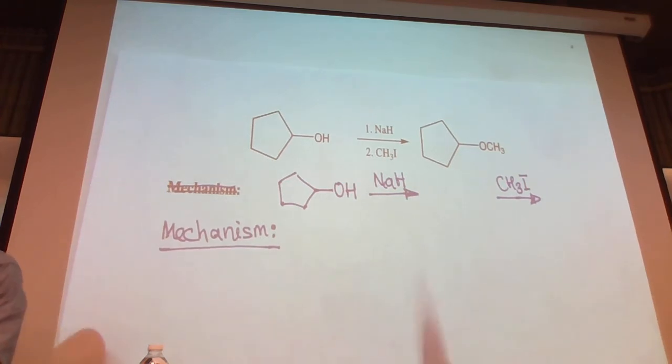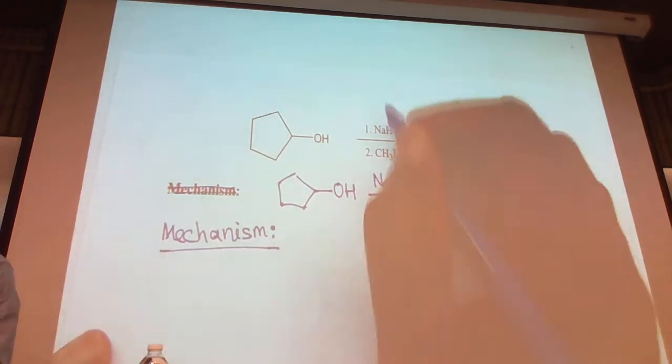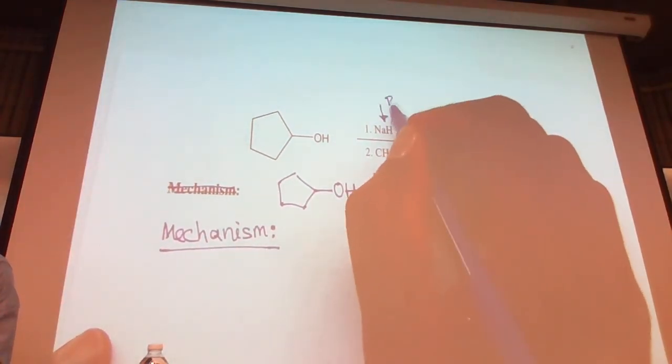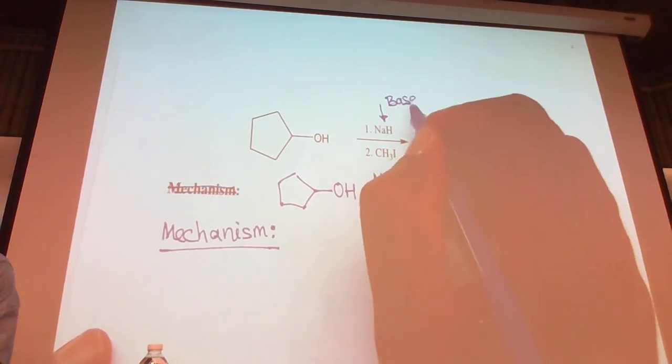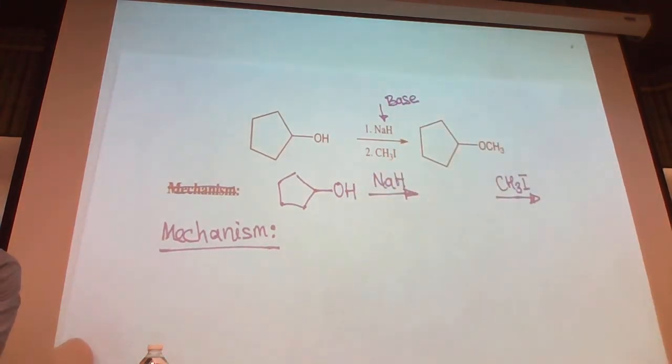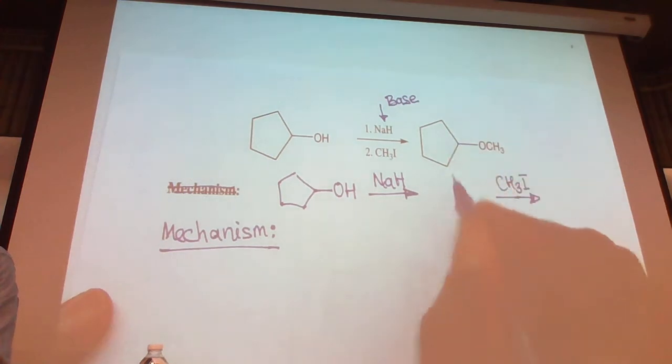So when you first treat this with sodium hydride, which is your base, it's a very strong base, stronger than your NaOH, and is usually used when you need a strong base that's easy to handle. There are stronger bases than that.